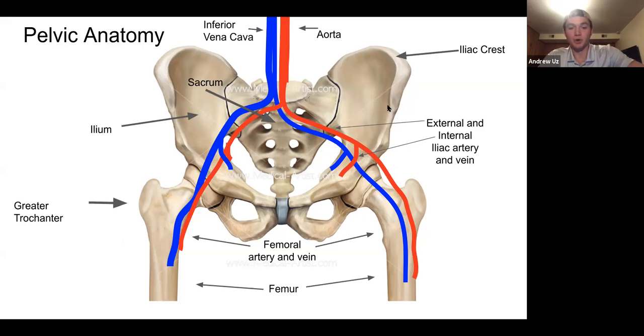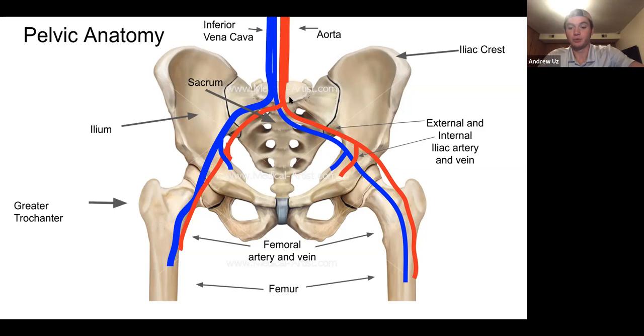As far as the bones here, the two main hip bones that we think of are the iliac bones, or ilium is the singular word for them. The sacrum here is the base of your spine. Your sacral vertebrae are fused together at the base of your spine, and that's part of the pelvis.